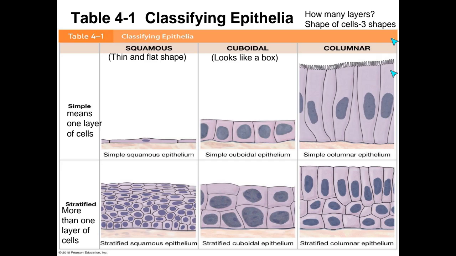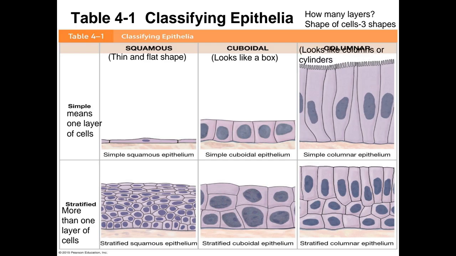Whatever way you want to describe it is up to you. They're long and thin, like columns or like cylinders. That's the third shape. So that would be columnar.